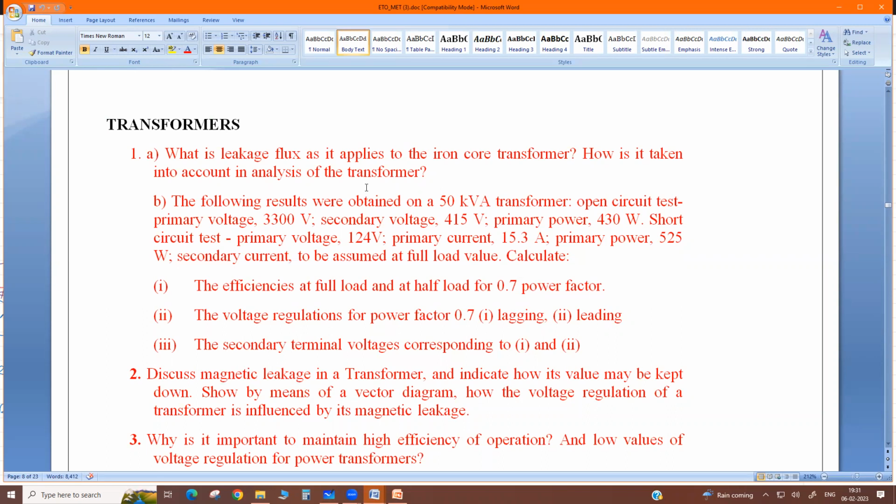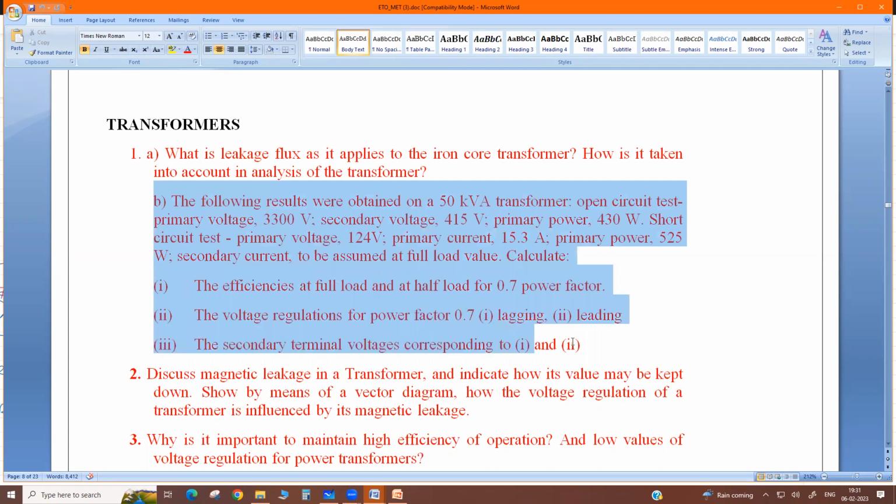Due to the drop, there is poor regulation, current will be high, then losses will increase, and then your efficiency and performance of the transformer are affected. Now we talk about this question, very important. This is the conclusion of today's class.